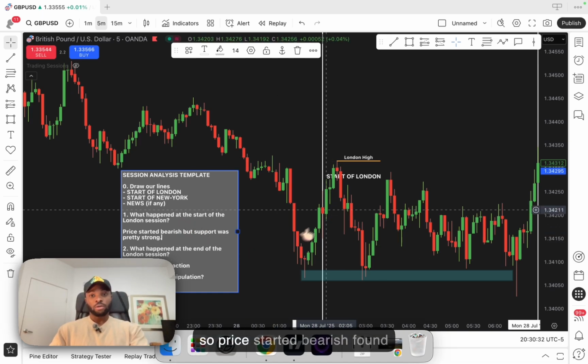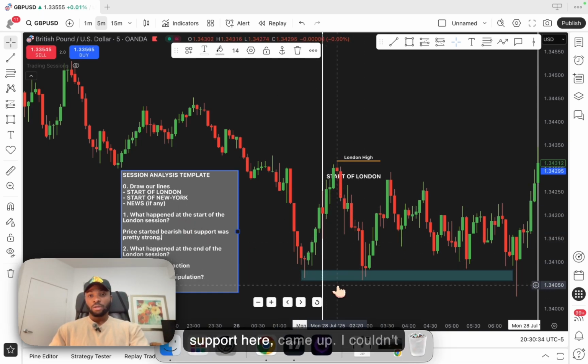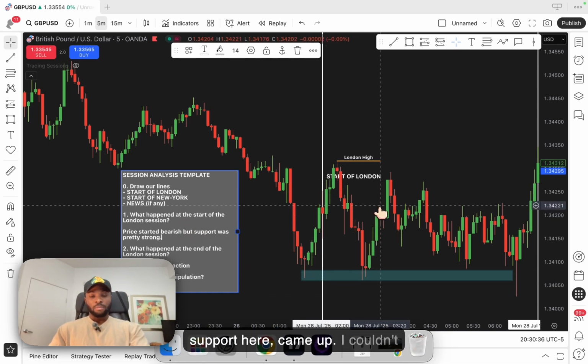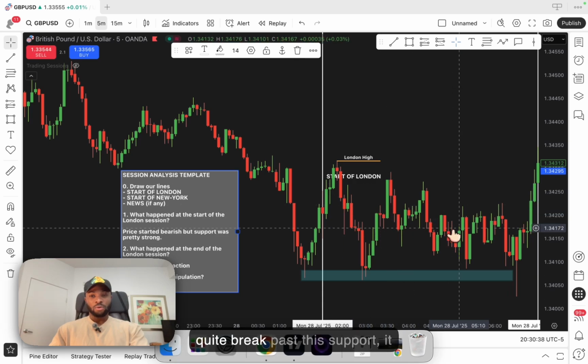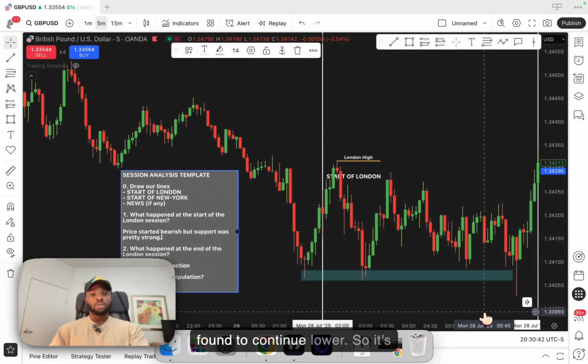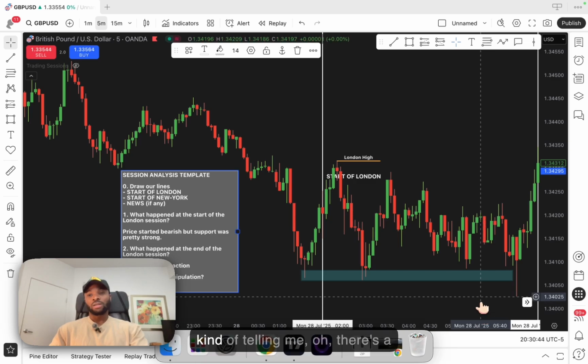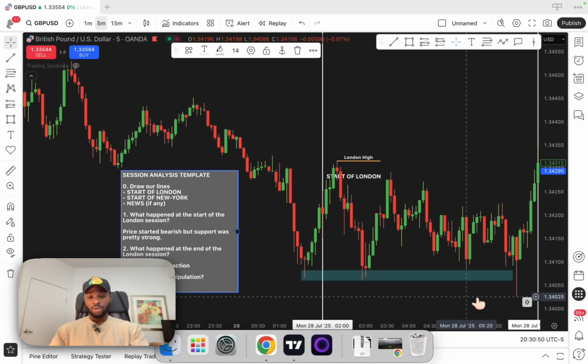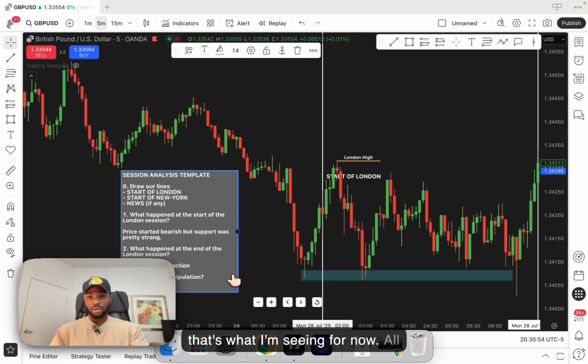Okay, so price started bearish, found support here, came up, but couldn't quite break past this support it found to continue lower. So it's telling me there's a little bit of buying power. That's what I'm saying for now.